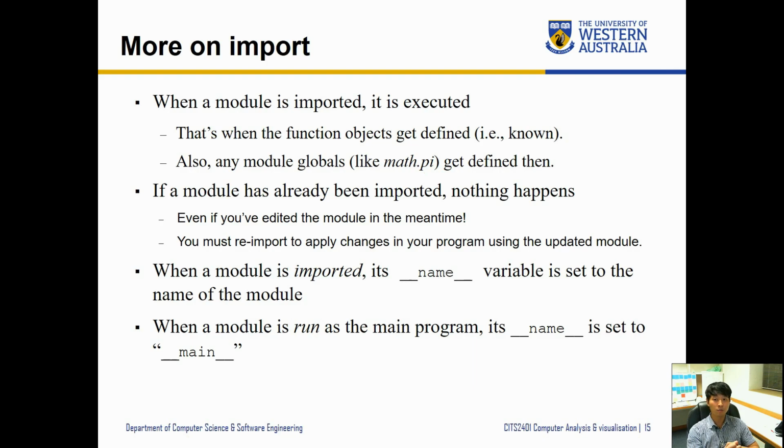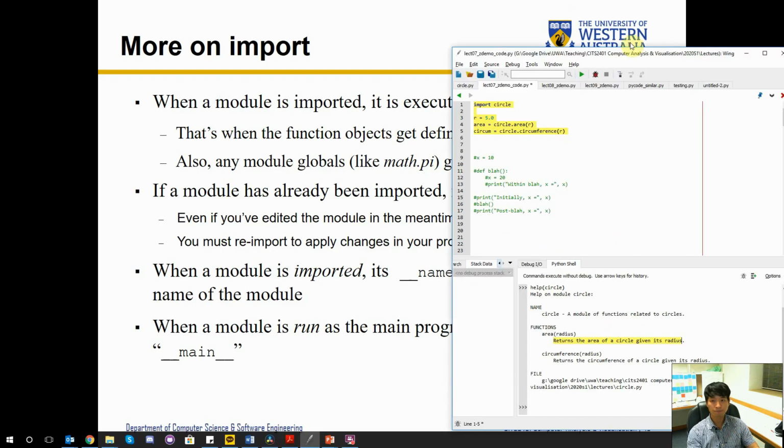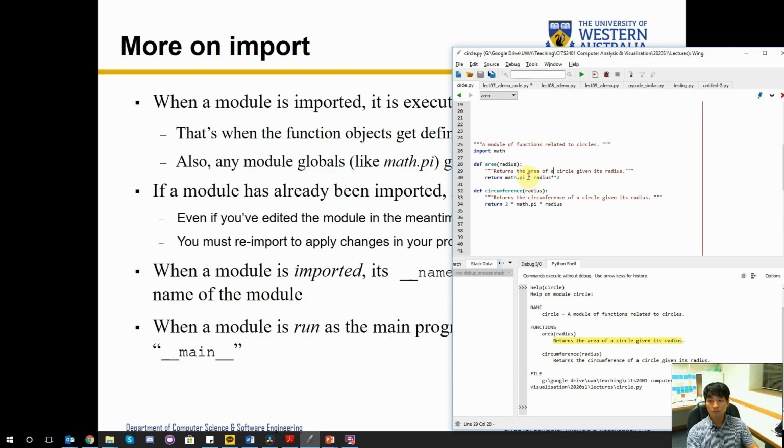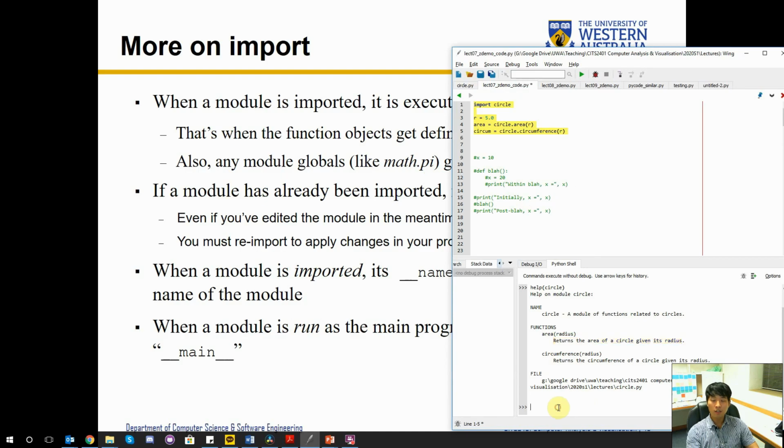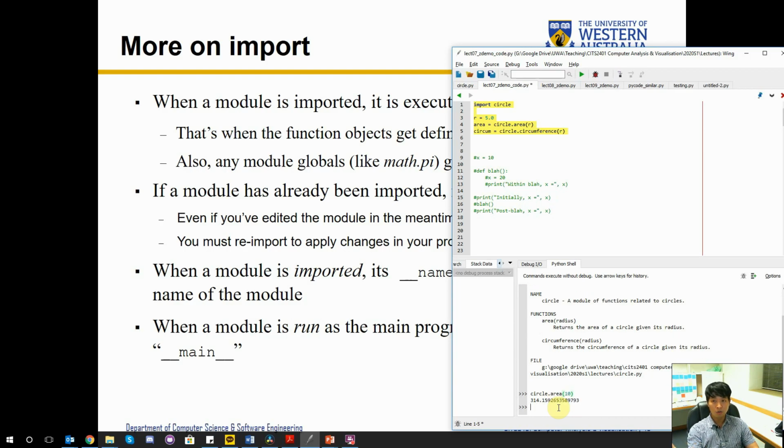Even if you edit the module in the meantime, that means I could modify, say, math pi minus radius, or I could even just say return 0 for area, but here it has been already loaded, so I can type circle.area 10, and although I modified my module and saved, the module that has been loaded here is the previous version.